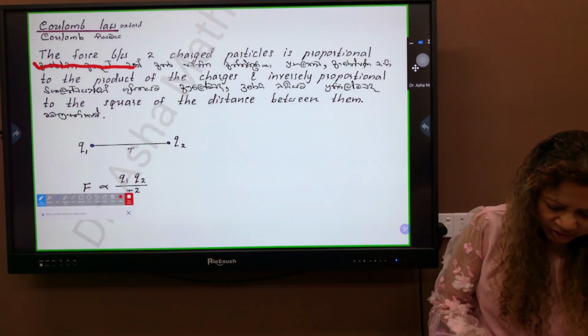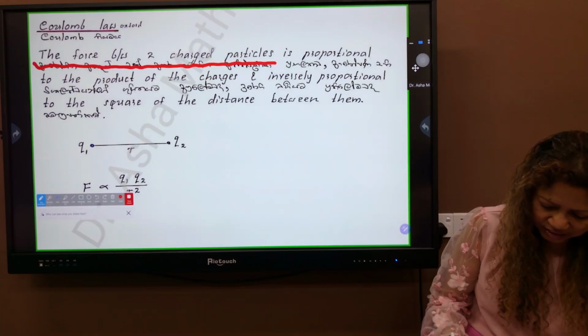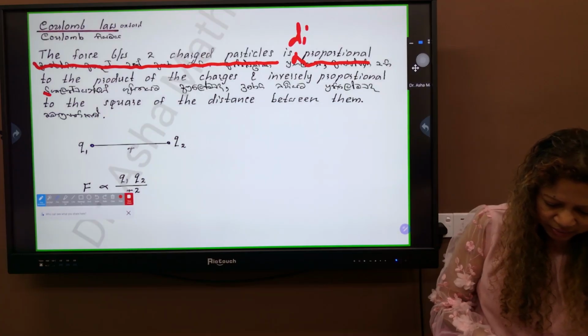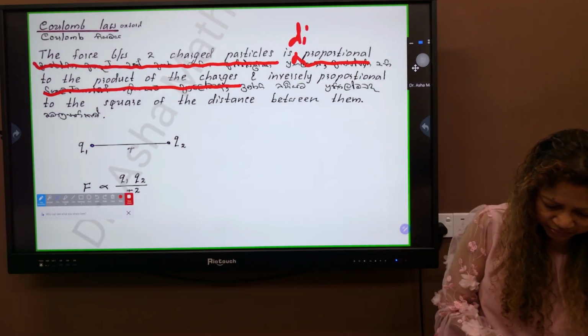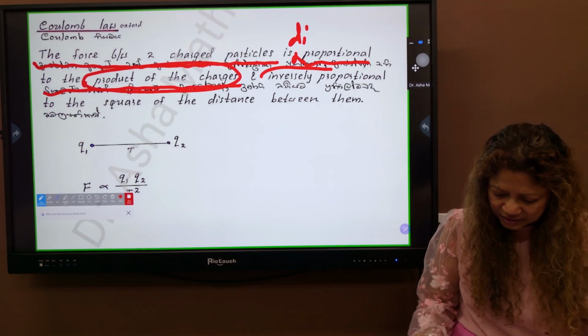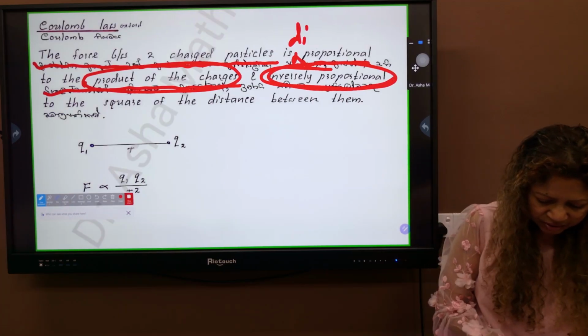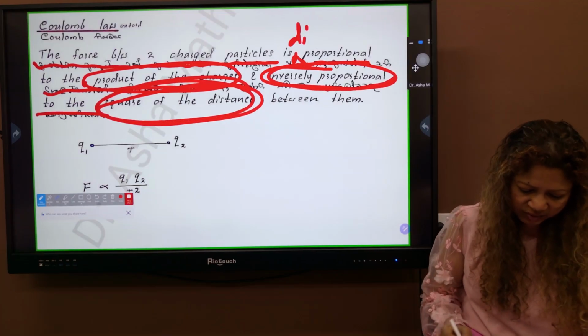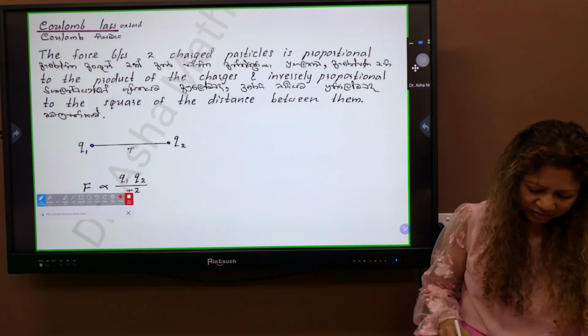The force between 2 charged particles is, you have to write directly here, directly proportional to the product of the charges, and inversely proportional to the square of the distance between them. That is Coulomb's law.